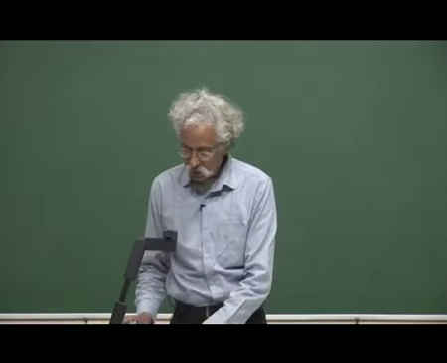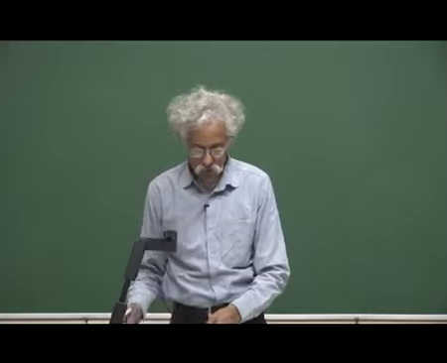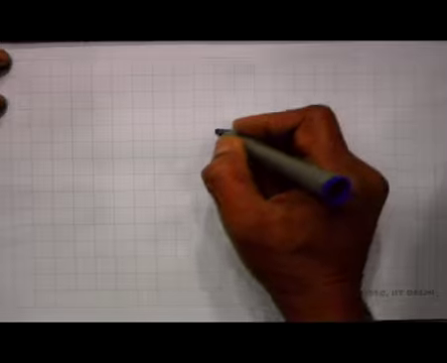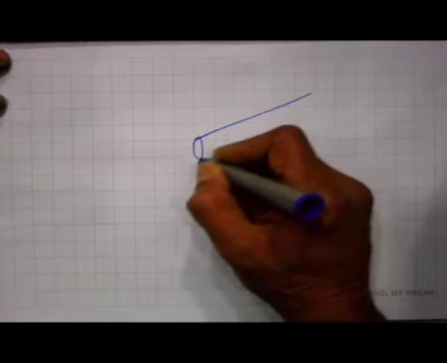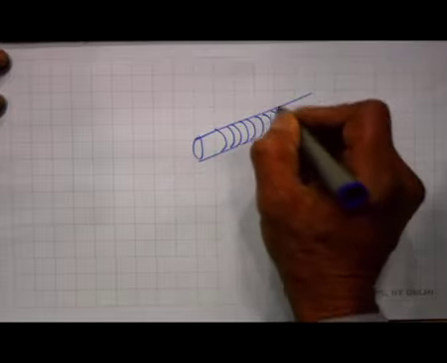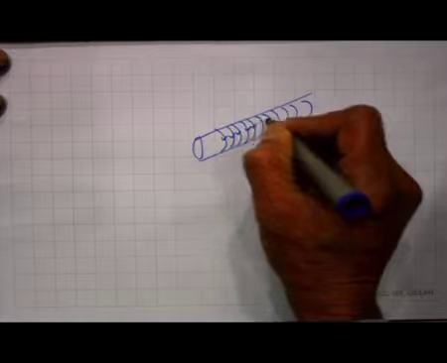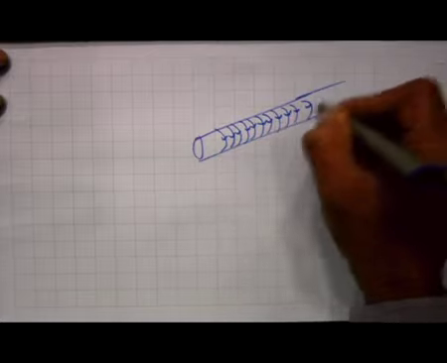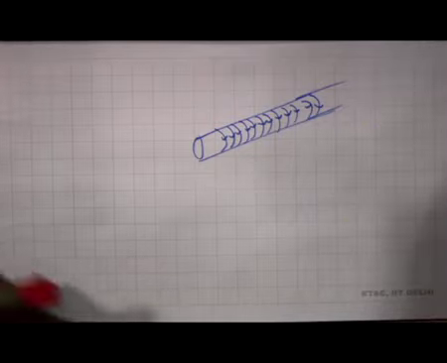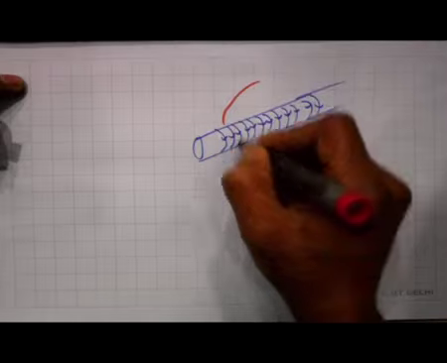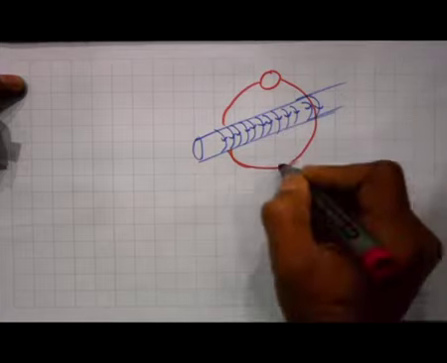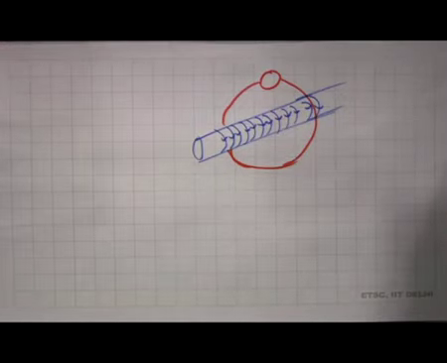Now, let me look at another interesting example in the same solenoid situation. Let me assume that I have a long solenoid again. This is my solenoid, a very long solenoid with current loops like this. Let me assume a conducting loop placed outside the solenoid, coaxial with this solenoid.